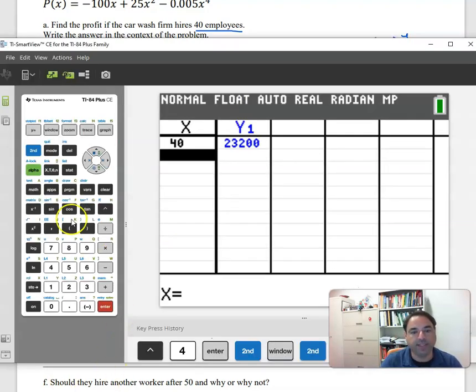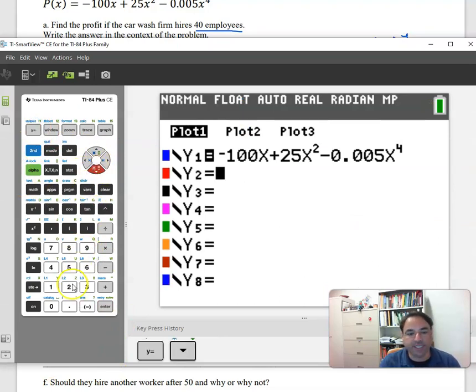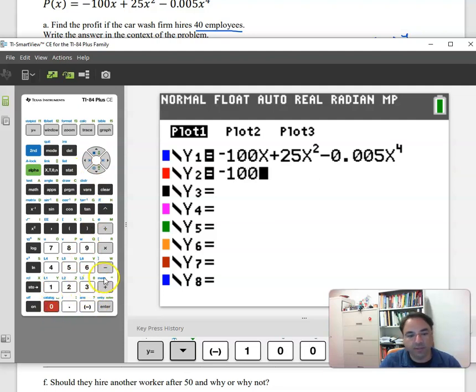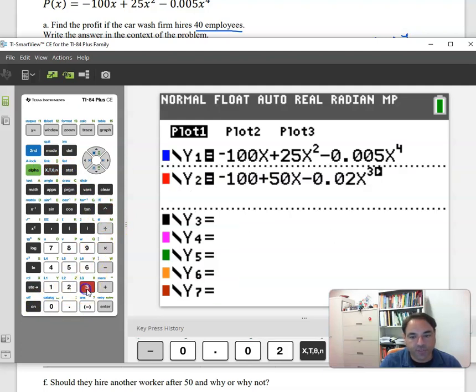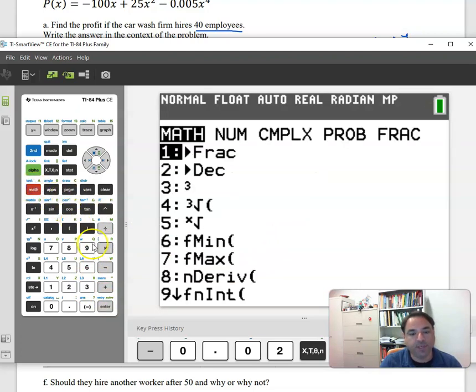So I'm going to go to my calculator, go to y equals. We're going to put in the derivative and check it. Our derivative in y2 is negative 100 plus 50x minus 0.02x raised to the third. Enter. Now to check it in y3, I'm going to put the derivative. To do that, it's math number 8 for derivative.